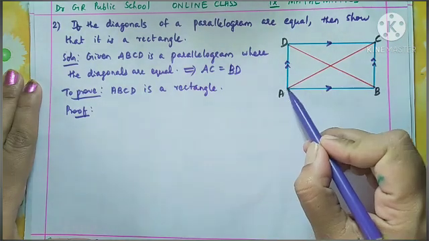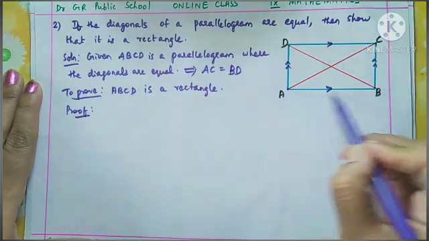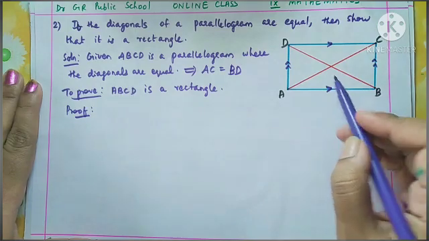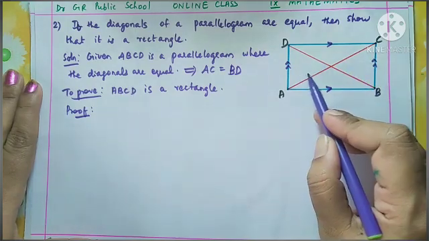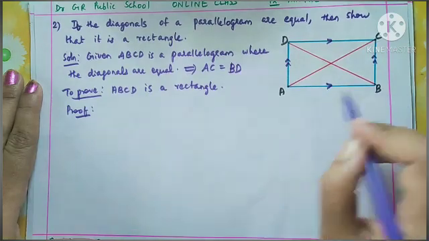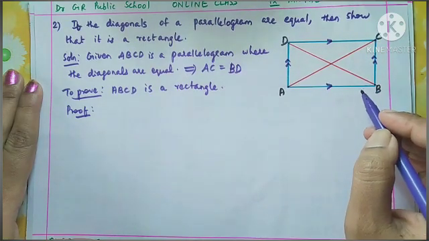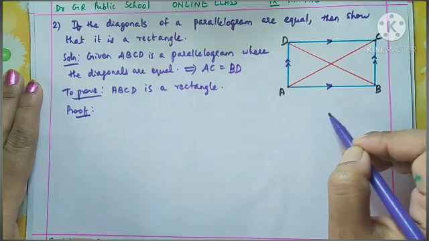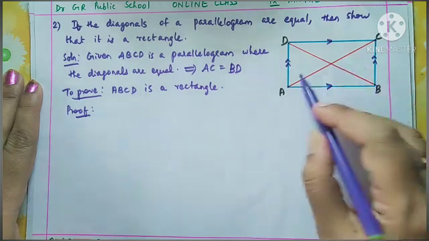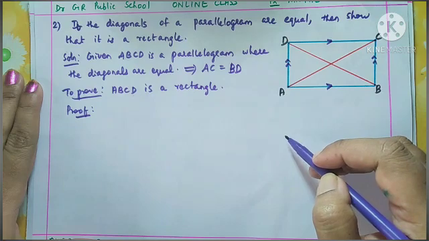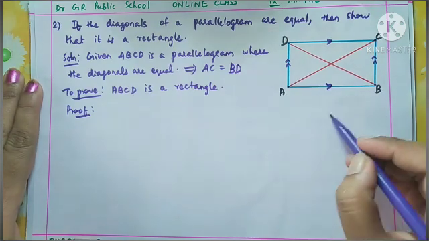Understood? ACB and BDA. From these two triangles, we are going to collect the similarities, and we are using congruence rules to make the two triangles congruent. Okay. So that is the first thing we are going to do.